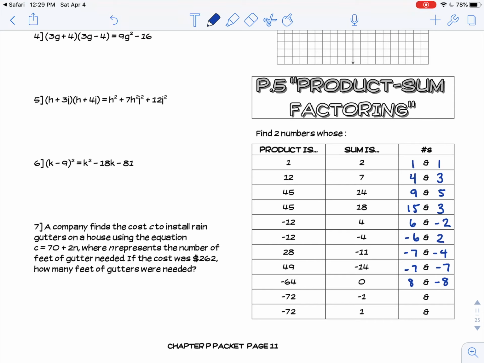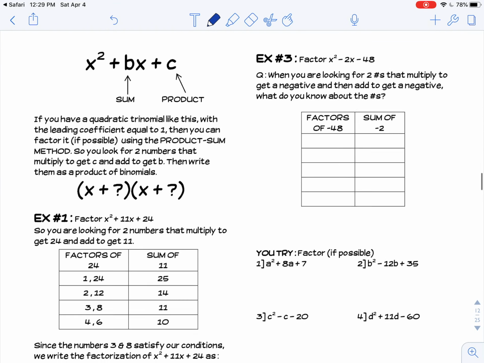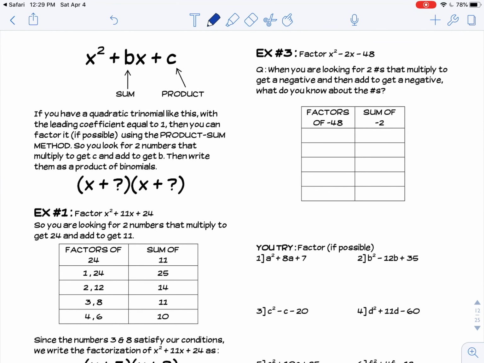Product of negative 72, sum of negative 1. Let's see, this is going to be negative 9 times 8. And then product of negative 72, sum of 1, 9 and negative 8. So we're going to use this to help us with the product sum factoring we do today.